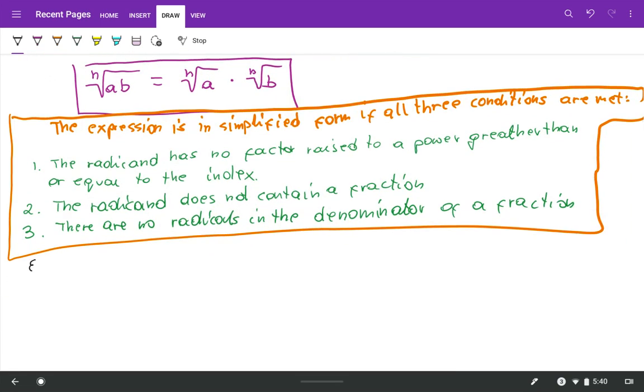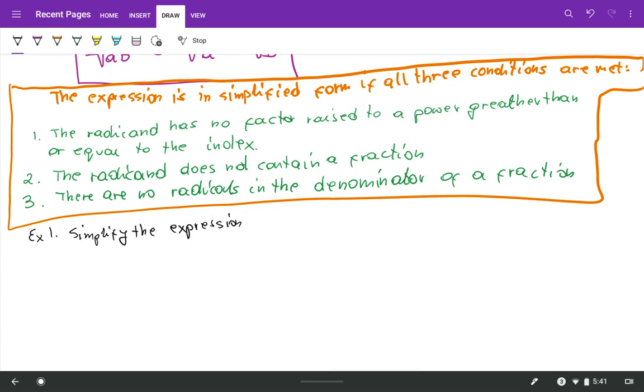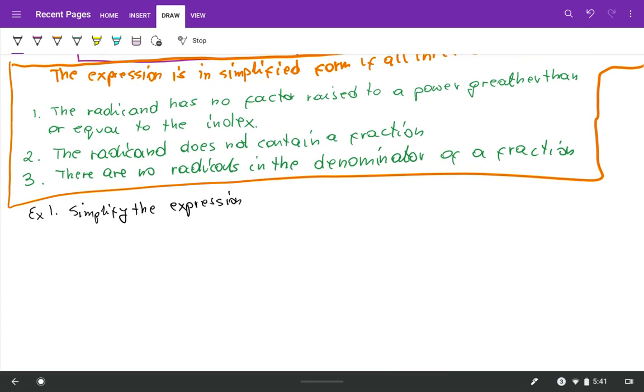So this is example one. What we need to do is simplify the expression. Okay, and we have the square root of a to the power of 11.